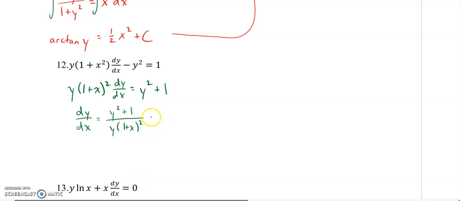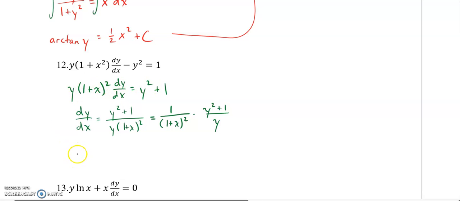The g of x function is 1 over 1 plus x quantity squared. The g of y is y squared plus 1 over y. Okay, so that is separable. You don't necessarily have to write it like that. If you see how you can separate the variables from this line, then I'm fine with that.